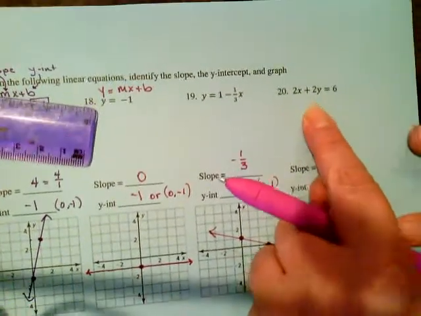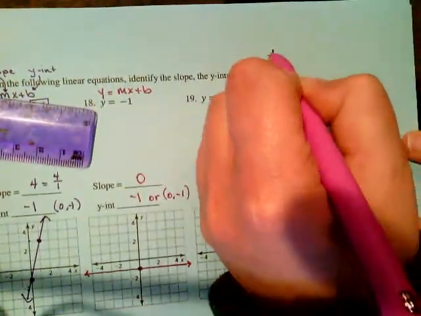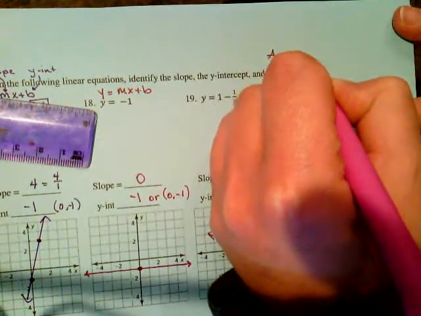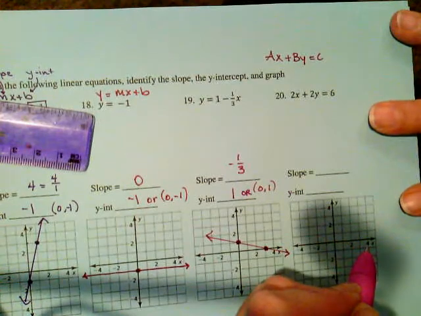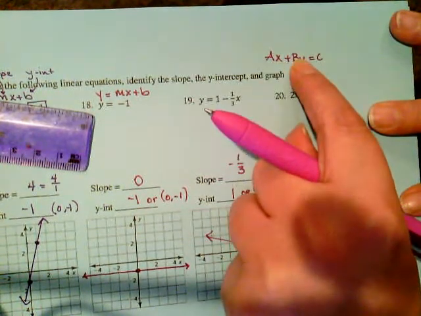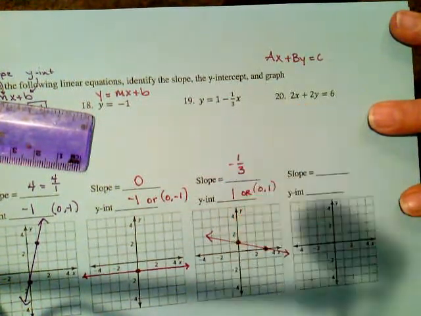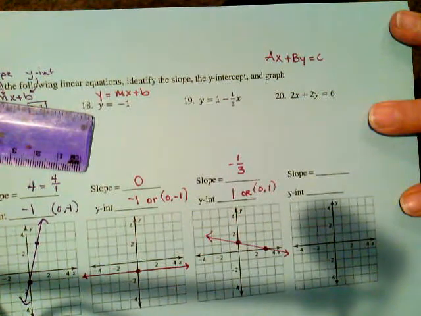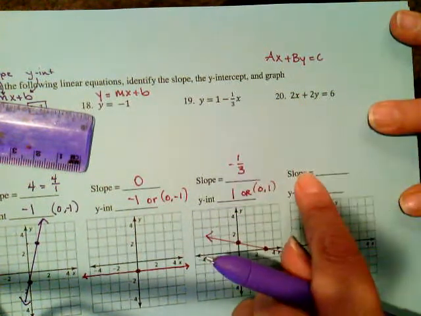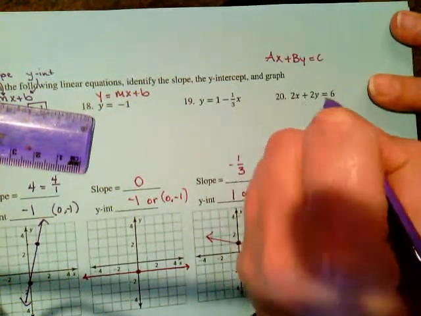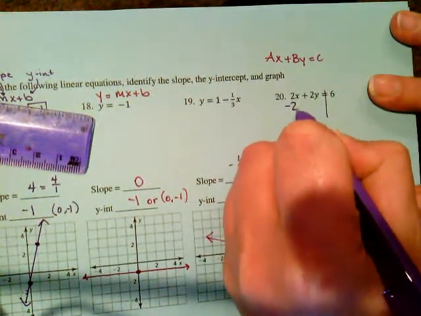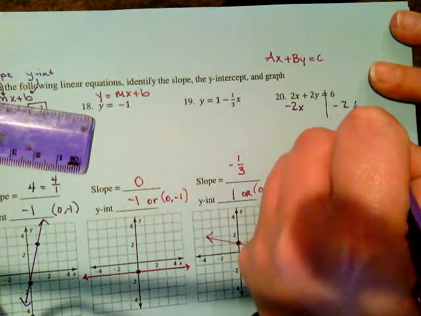All right, the last one. This right here is written in standard form. Remember, standard form looks like this. When it's written in standard form with your x and y on the left, you need to solve for y to figure out what your slope and your y-intercept are. So what you can do here is subtract 2x on both sides.